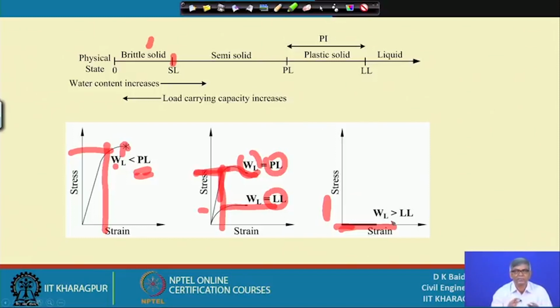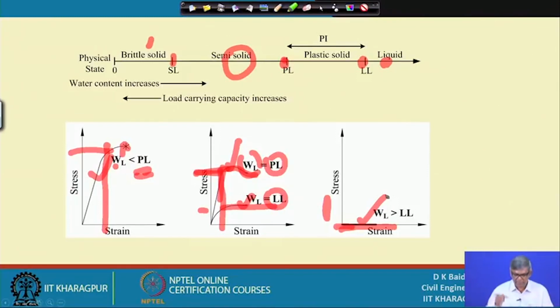So at different stages, one can understand the behavior of the soil from this curve. If I take a sample from this zone, then we get this type of behavior. If I take this one, then you will get this figure, and if I take this, we will get this one, and if I take the sample from here, then we will get this type of behavior.